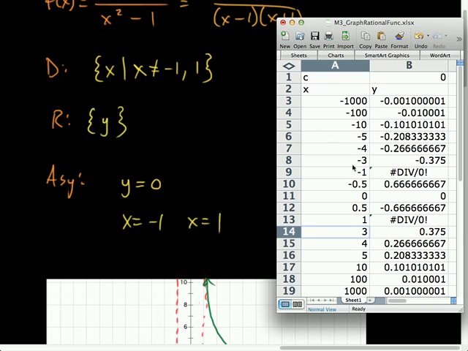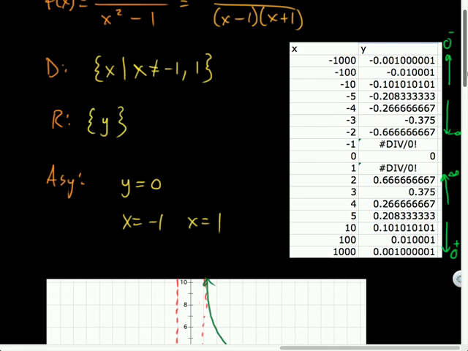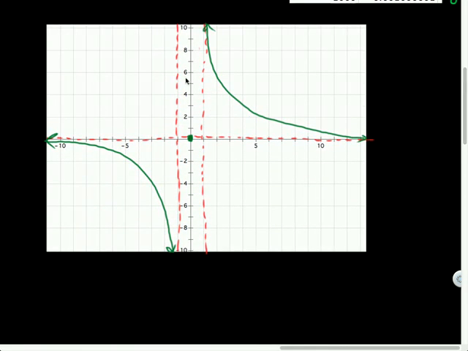We can see that to the left of 0 we're positive, and to the right of 0 we're negative. So I'm going to assume to the left of 0 we're positive, so it must be asymptotic this way, and to the right of 0 we're negative, so it's looking like that.